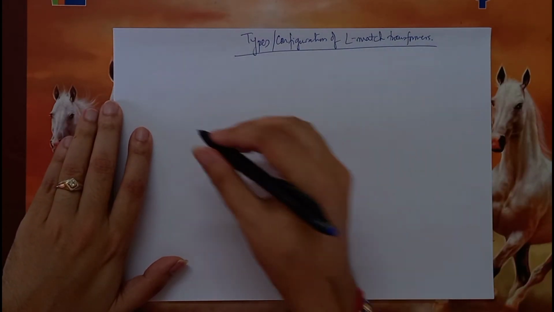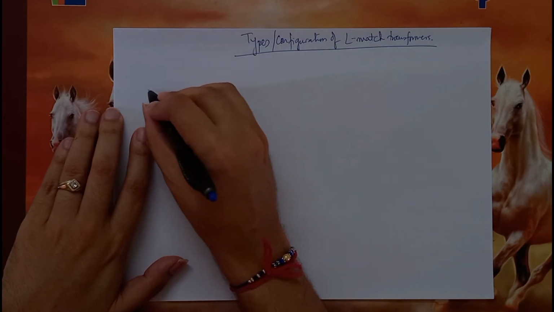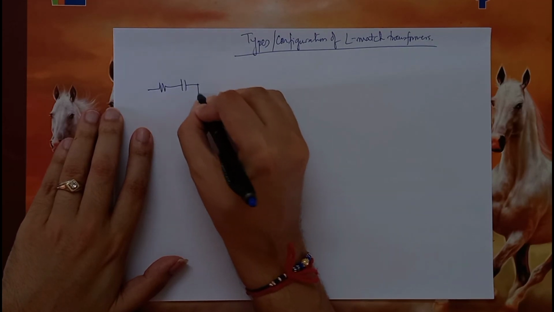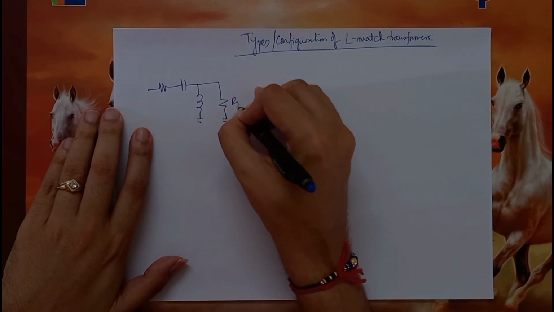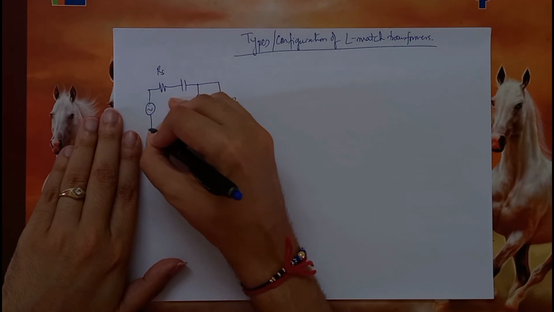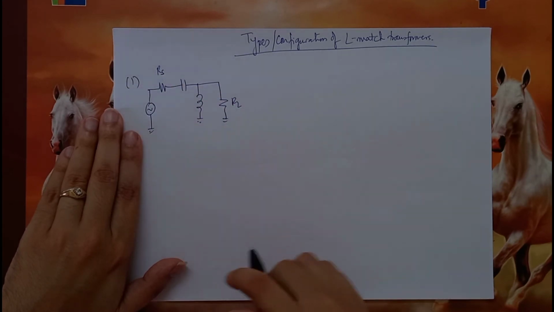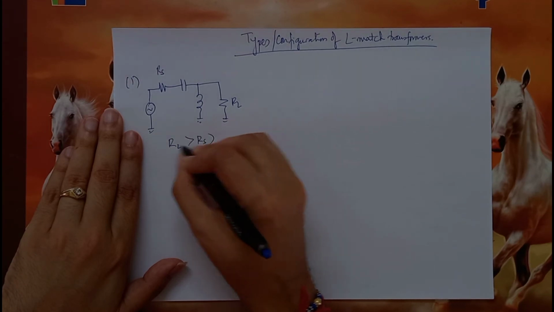So the first case is this, what we just saw, RL and RS. So we saw that this can only work when RL is more than RS.